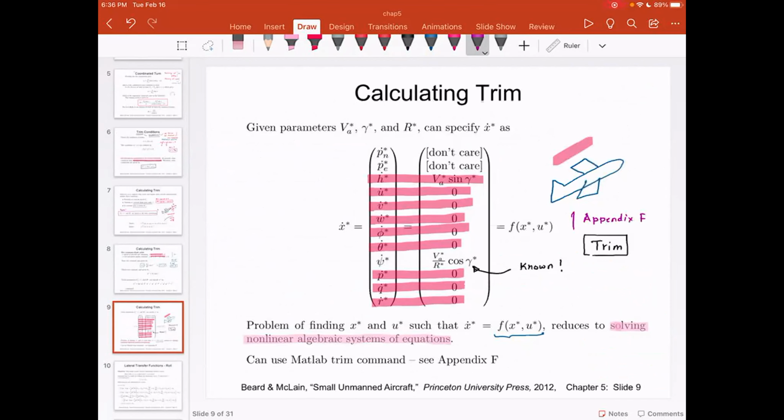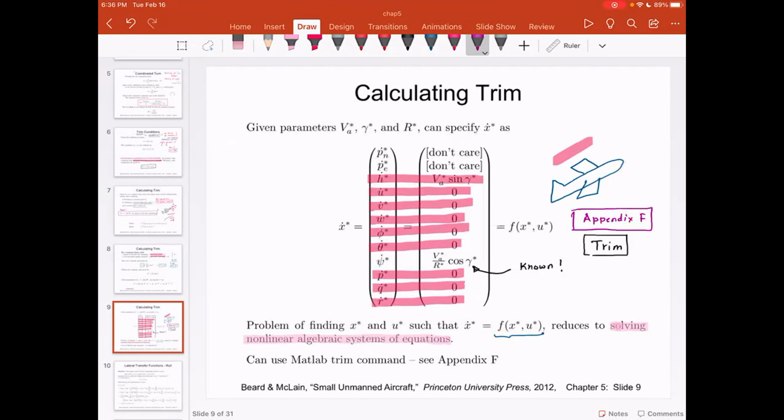It has a Simulink code for solving trim, and it also has the MATLAB code for solving trim. And that actually is very simple. So with that, we should be able to get the values of trim. But don't worry, I will take an example in the next lesson.